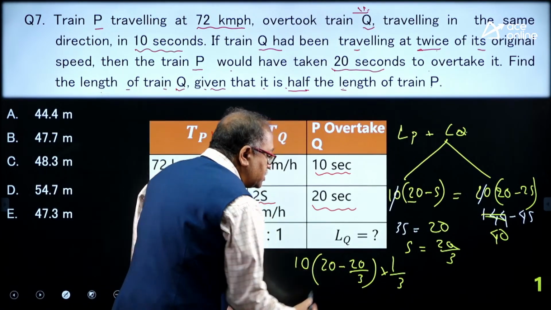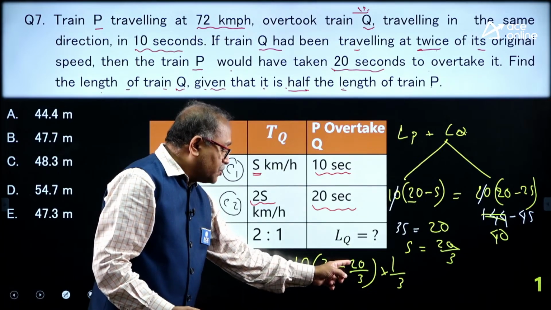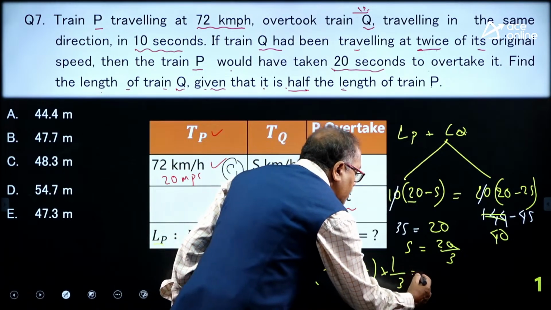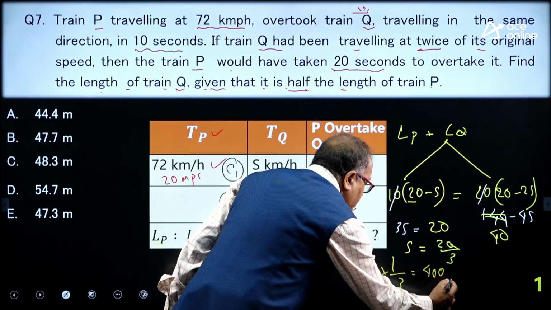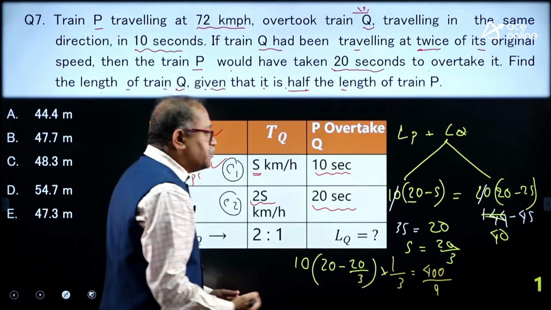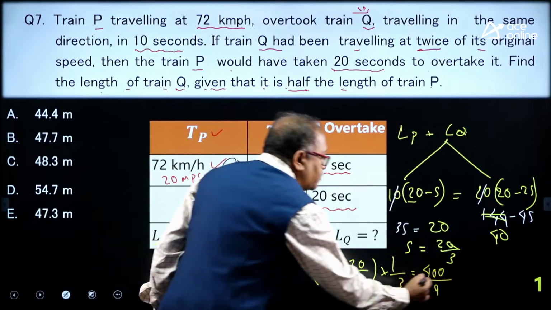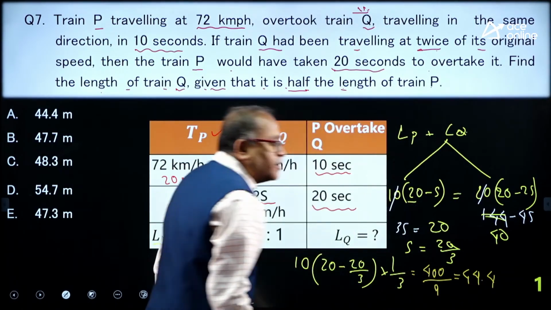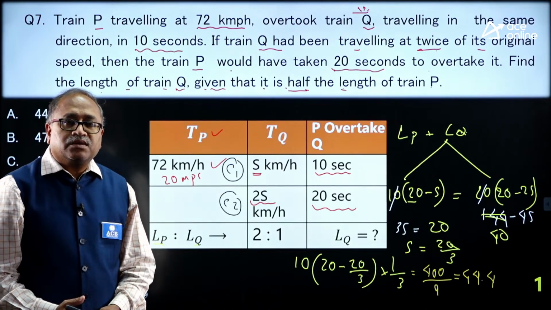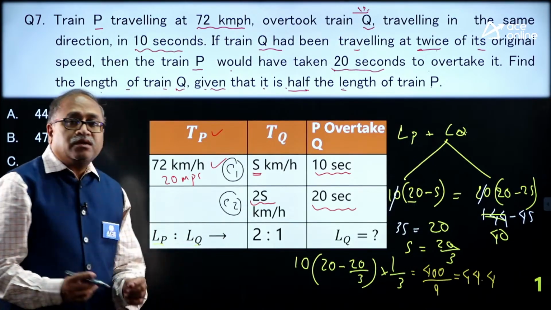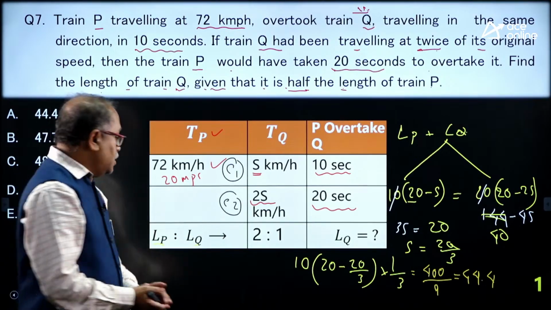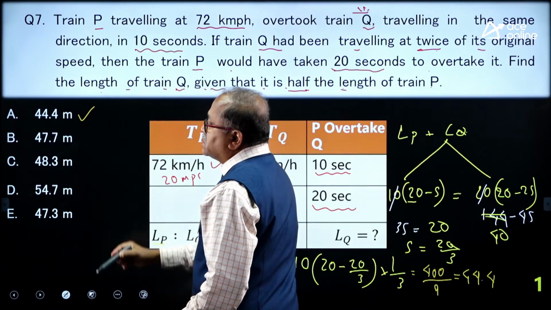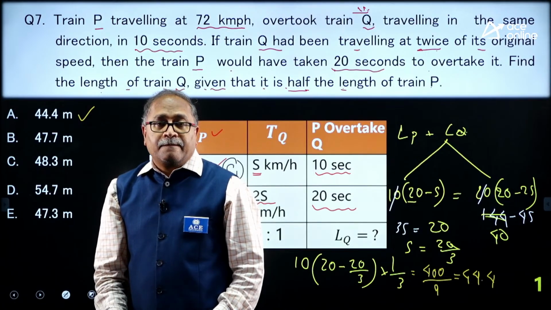This is 60, 60 minus 20 comes 40, 40 by 3, 400 by 9. So finally I am getting 400 by 9. And what is 400 by 9? Is it not 44.44? That is the length of train Q. Is 44.44 in the options? Yes, option choice A.